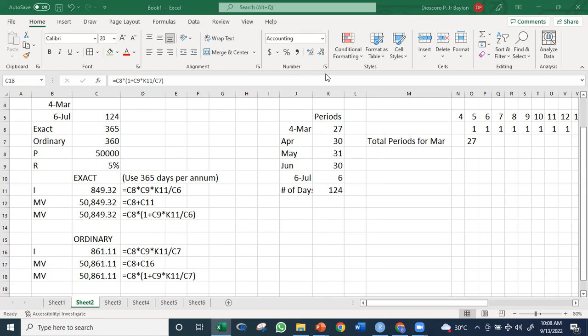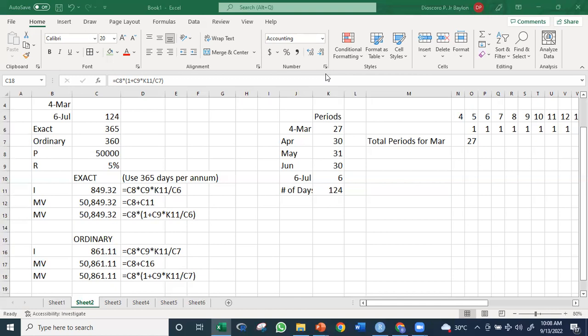All right. So Diana's question here is you need to start counting the period from March 31. Yes, because it's continuously happening, right? From March 4 up to July 6. So you will have to also count the period from March 31 up to April 1. That's one period. That's why in April we were counting 30 periods because we started counting from March 31 to April 1.